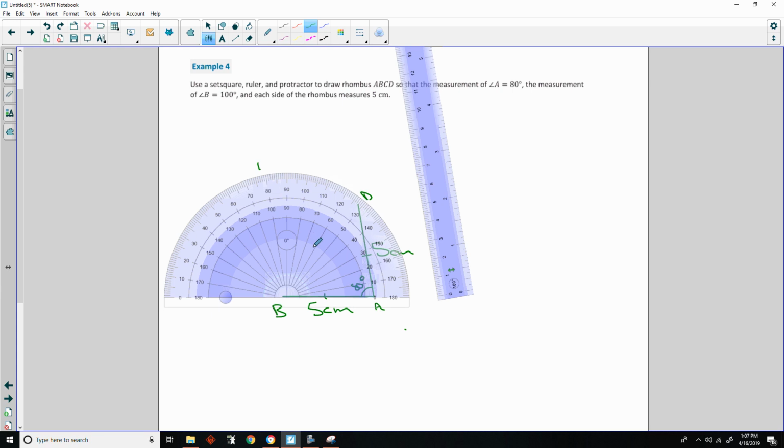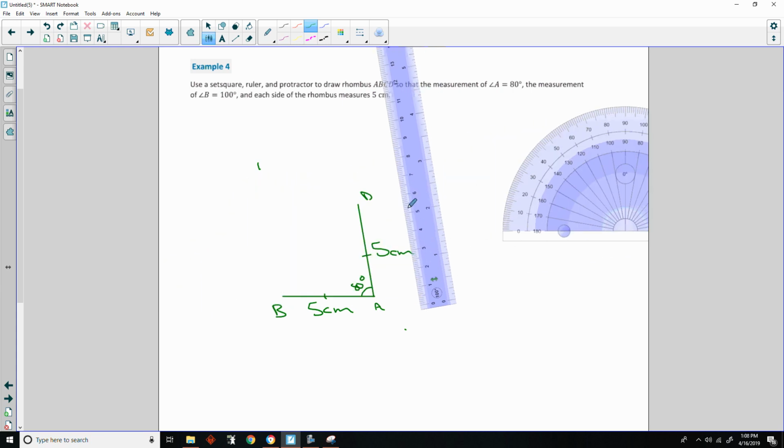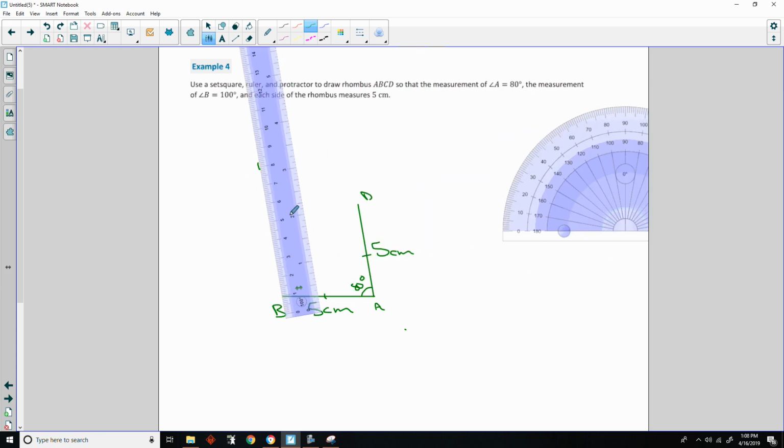And that's right there. Move my protractor, bring my ruler over, line it up with point B, and I want to go through that line right there. And draw this segment.